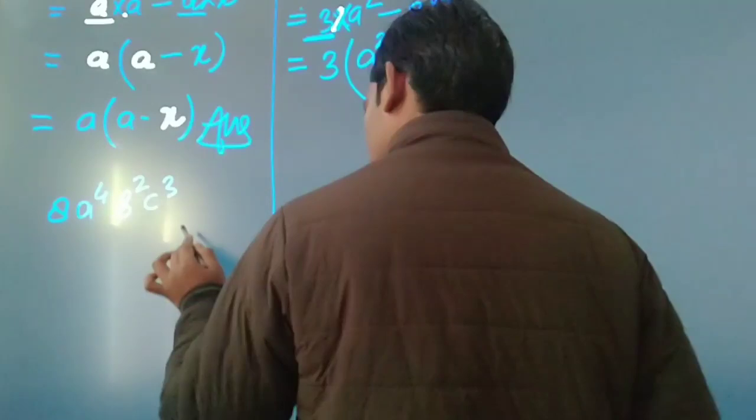You will get that a minus b is the common quantity in both terms, so we can take a minus b as a common quantity from both terms, and you can also see that 3 and 6 are multiples of 3, so 3 can also be taken as common. So here we write 3 in bracket a minus b, which is the common quantity. Is that clear?